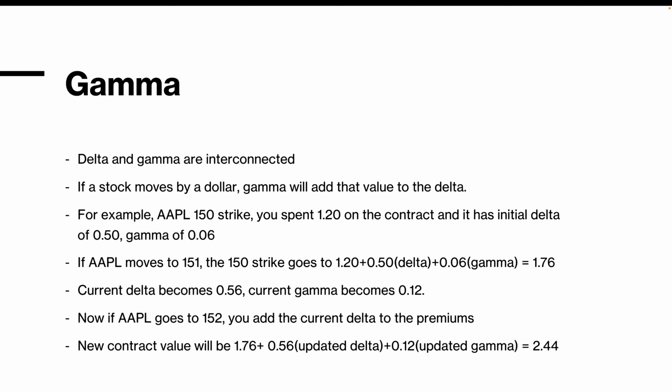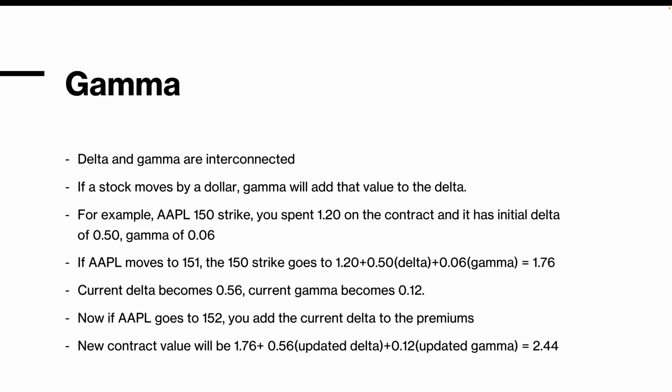You have a 60% chance of making at least $1 from the trade you just entered. If you open a trade on the same 150 strike and it has a delta of 0.50, you have a 50% chance of making at least $1 from this trade, whatever you open.